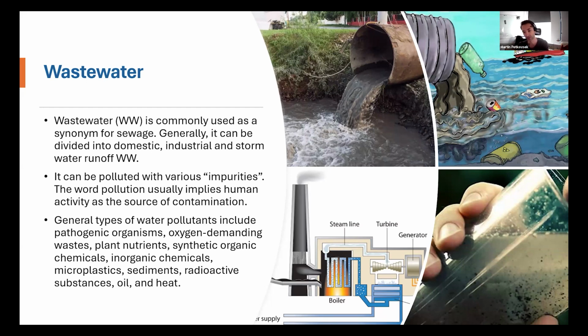and other aquatic animals. And heat, for example, is also considered a pollutant because rivers are often used in many industrial processes for cooling, for example, in power plants. And as one can imagine, excess heat can do a lot of harm to the aquatic environment.